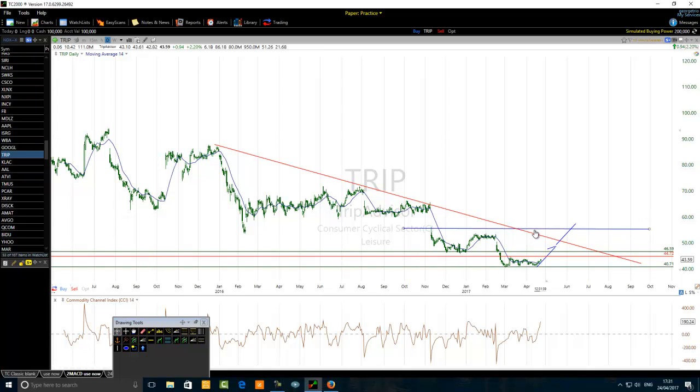So break above, retest, all right, and if it did that, it breaks above it nicely and retests it here, starts turning around, that will constitute our signal here.